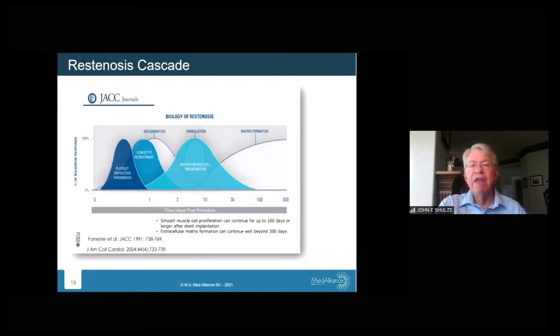And then you get the actual smooth muscle cell activation and proliferation into the area of the angioplasty. And finally, you get matrix formation, which actually lasts for an extended period of time after you've done your interventional procedure. And so we really need to have drug release over this entire period, not just over the first 30 days, to have the best effect on controlling restenosis.